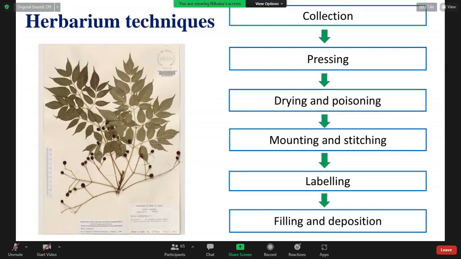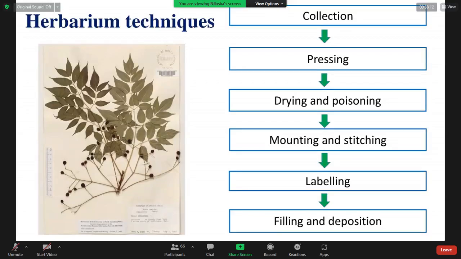The next step is drying and poisoning. For drying, you can use artificial heat or you can dry it naturally, using blotting paper or newspaper, so that the water from the sample evaporates into the paper.